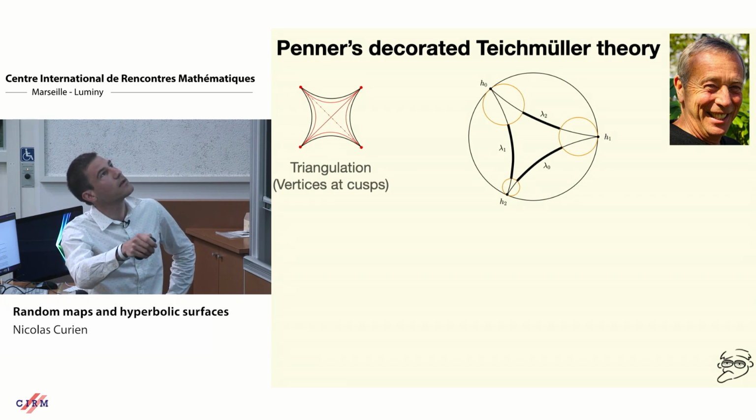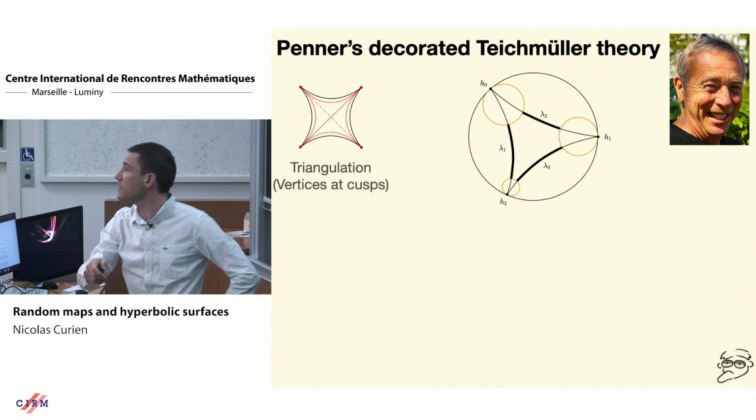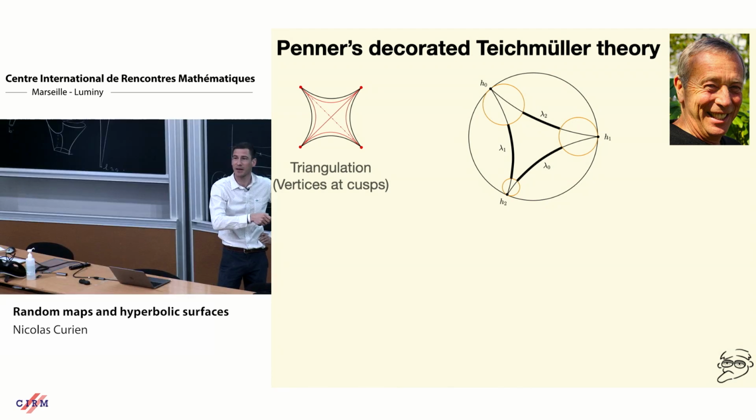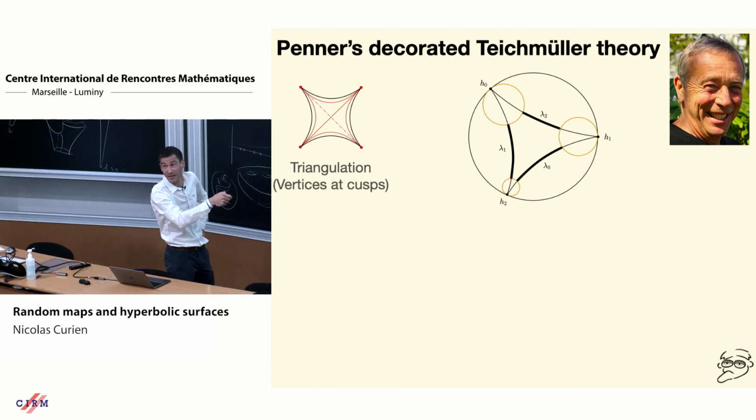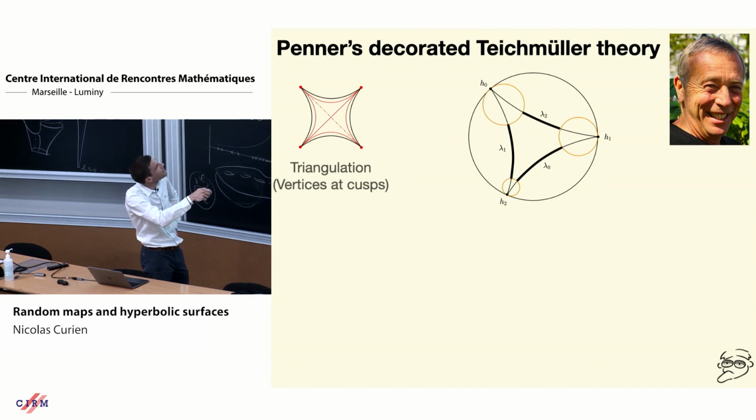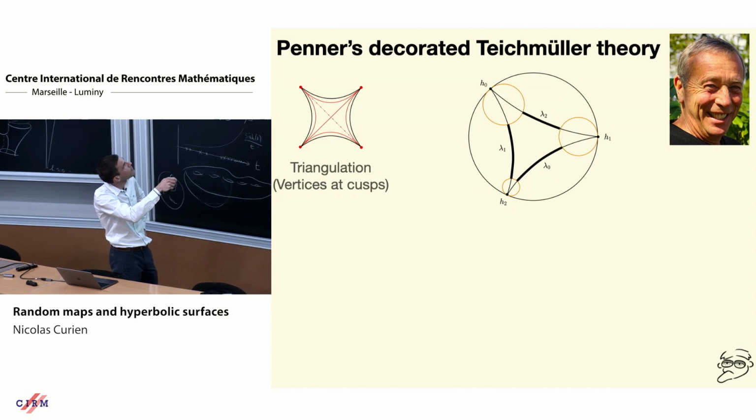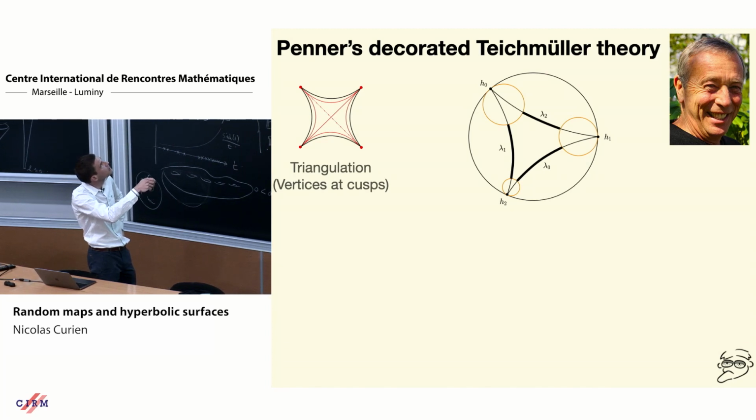You guys, when you see a disk, you think of the hyperbolic plane, right? So you see a disk, it is the hyperbolic plane. You have an ideal triangle here with 3 vertices. And if you pick 3 numbers, h0, h1, h2, which are the horocycles centered at those points, you can now consider the lengths of these segments, which are no longer infinite lines.